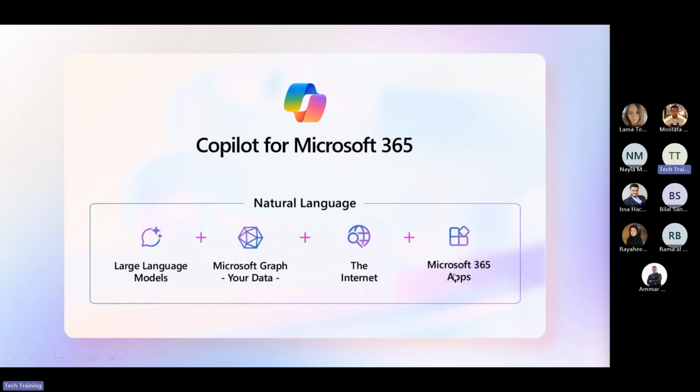In addition to that, it has access to Microsoft 365 applications. Depending on what is under that umbrella and what level of licensing you have, the Microsoft Copilot can work with all of these. The most important thing related to what I'm talking about is the Microsoft Graph. Here comes the role of the Microsoft Copilot, where it creates connections between your files.